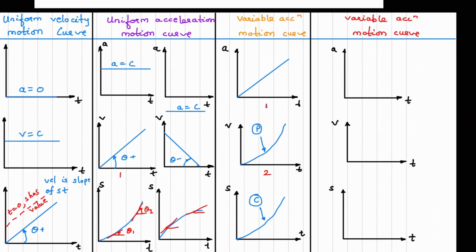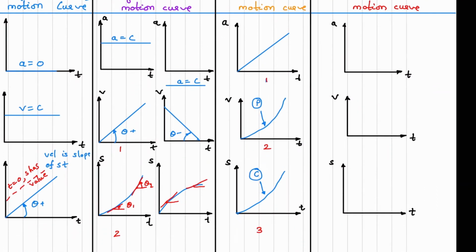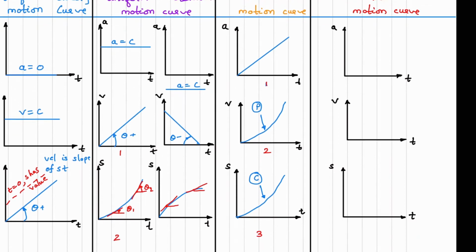Last one, again we will see variable acceleration motion, some other case. Okay, suppose curve is like this, acceleration versus time, it is like this. So how will be velocity versus time diagram? Acceleration is slope of Vt diagram, so dv by dt. Okay, now here acceleration is reducing. Okay, so slope should reduce.